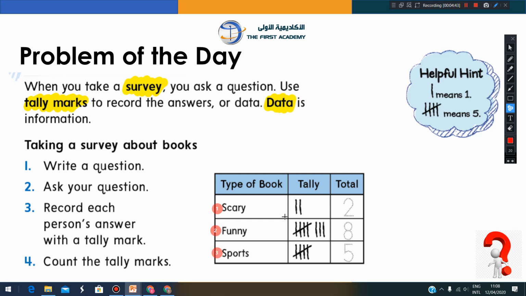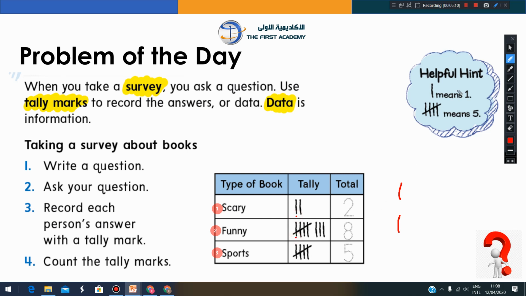And you went around and you asked people. Now, the answers are right here. Each time a person gave you an answer, you wrote a tally mark. So here, the first person told you, I like scary. The next person told you, I like funny. So you have to keep track and record your answers.